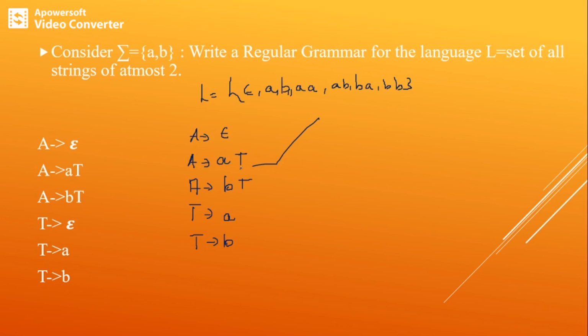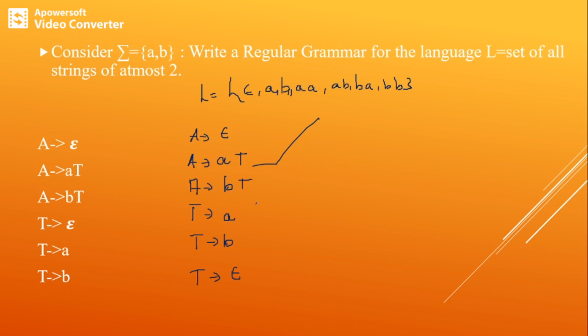If I start from the start state, S can give you AT, and T should vanish, in the sense T can become epsilon. So you can give the rule T gives epsilon, which allows you to identify a single character A or B also.